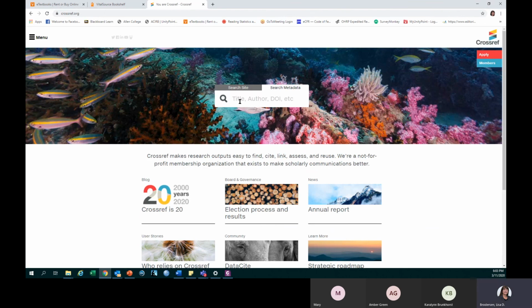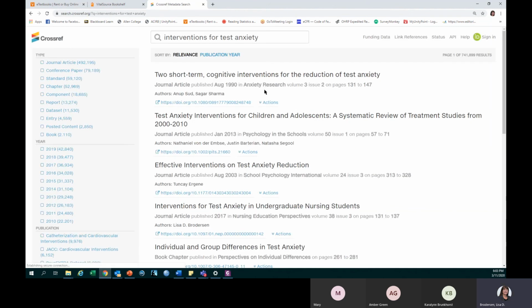And then you can just copy and paste the title of the article into this field. And then, shoot, I wish now that, let's see, I'll look up my own article.